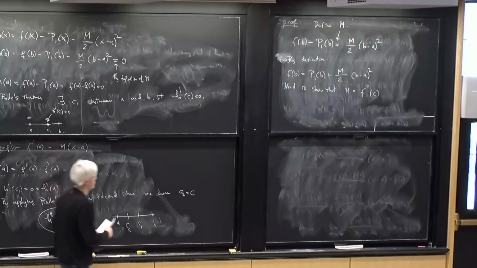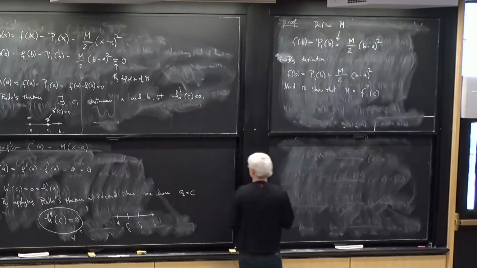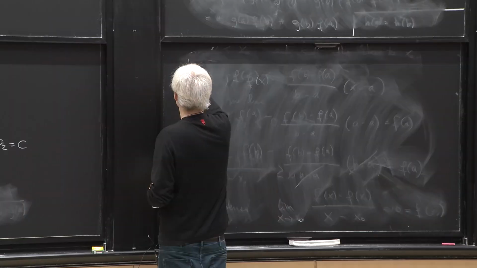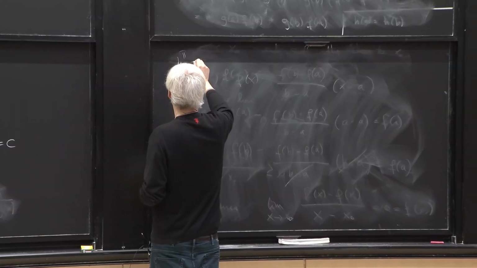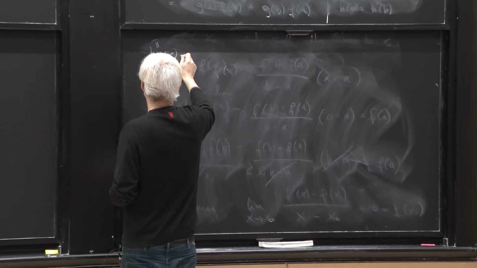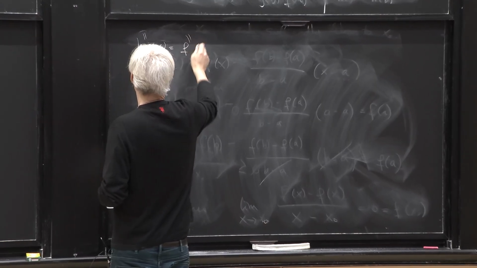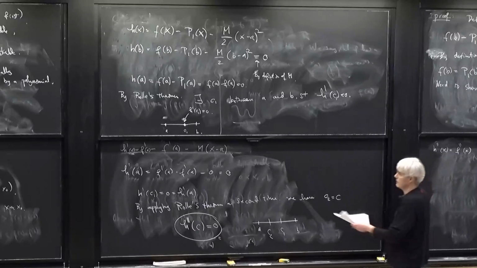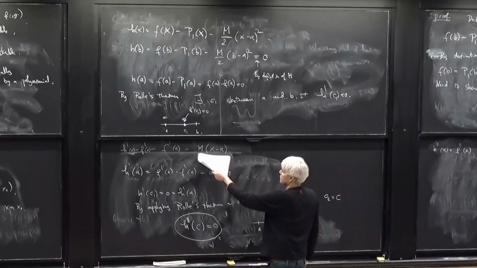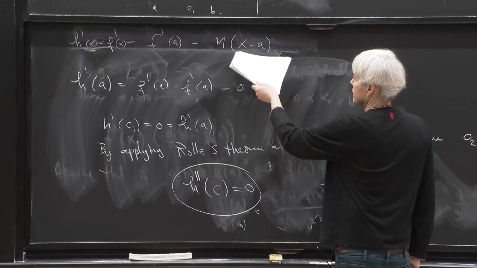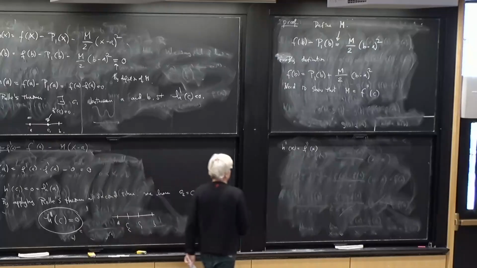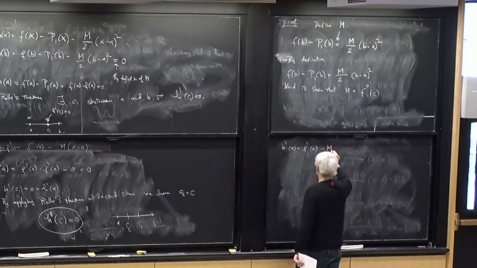So if we do this, then we get that h double prime at some x is equal to f double prime at x. And then you see this thing here, this is just a constant. This is a linear function, so the derivative of this one here is 1. So you're getting this minus m.